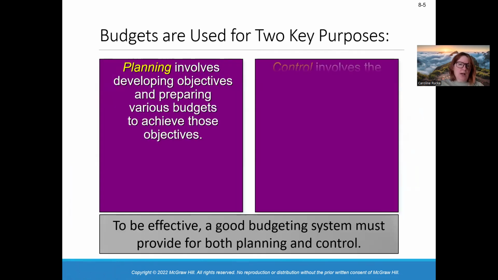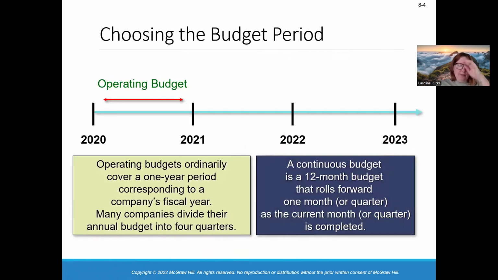Nope, wait, I went forward too quickly. In the case of a continuous budget, it's a 12-month budget, but it rolls forward 1 month or quarter as the current month or quarter is completed. So it keeps pushing out and out and out by a year.